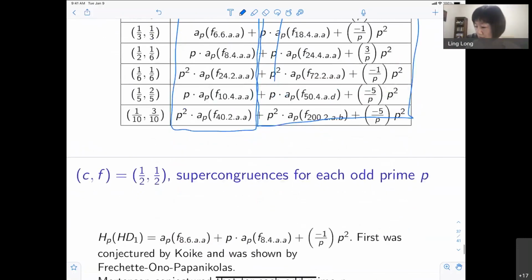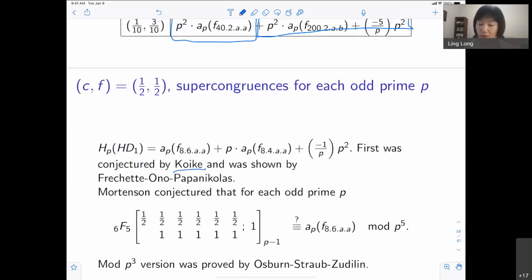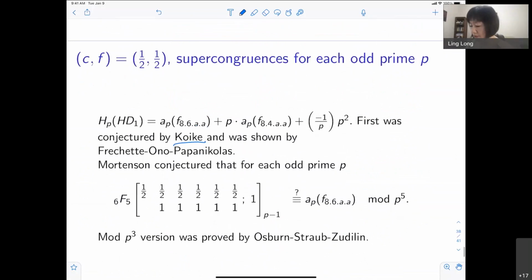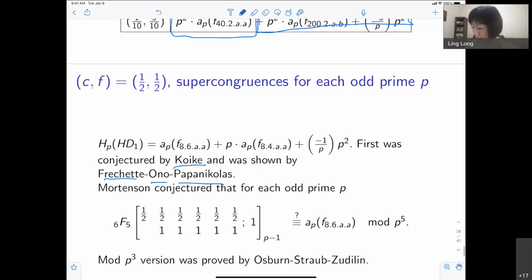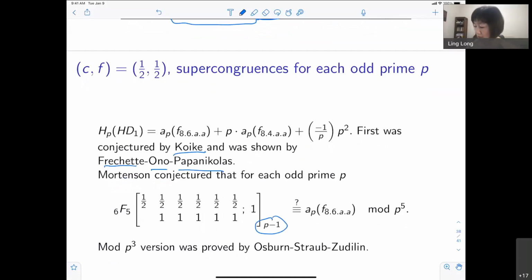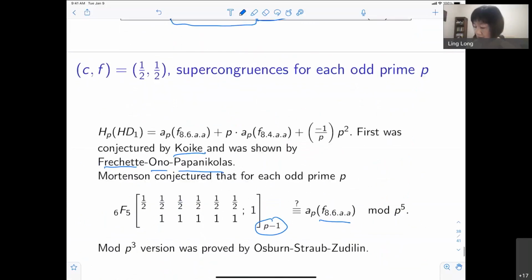I would like to talk about some of it, very quickly wrapping things up. So this result, as a character sum result, was first conjectured by Koike, and for the first case it was first solved by Sharon Frechette, Ken Ono, and Matthew Papanikolas. And Mortenson actually conjectured, they mention in this paper, if you look at the truncated hypergeometric function, if you're doing the truncation, comparing to the coefficient of the target modular form, which is the major part over here, Eric Mortenson discovered, wow, they agree up to a power modulo p to the 5.